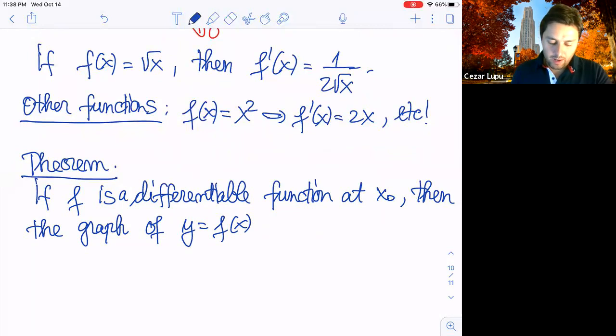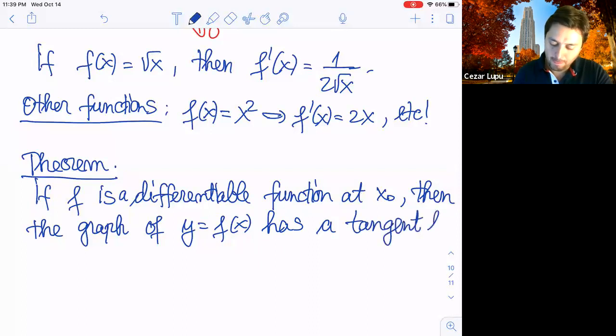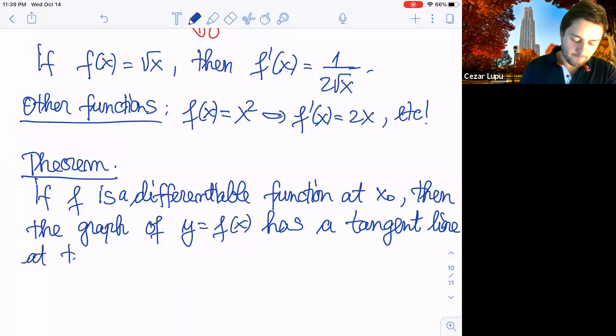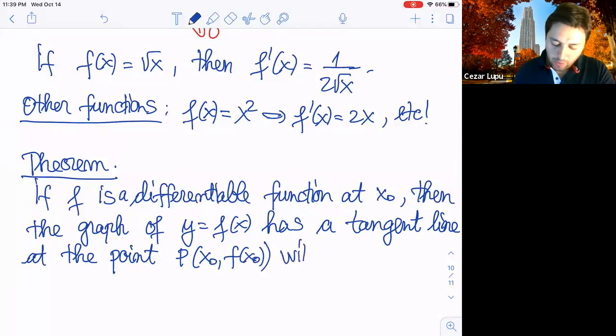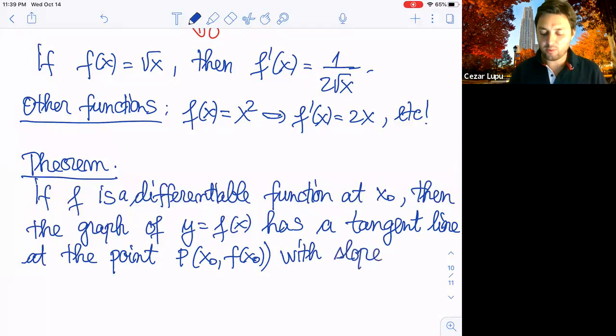The graph of y equals f of x has a tangent line right at the point P of coordinates x naught, f of x naught, with slope, and the slope, guess what?